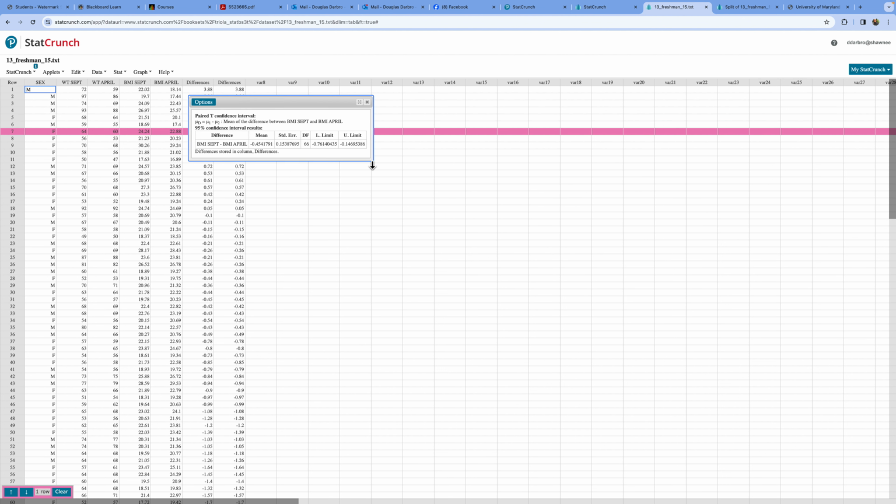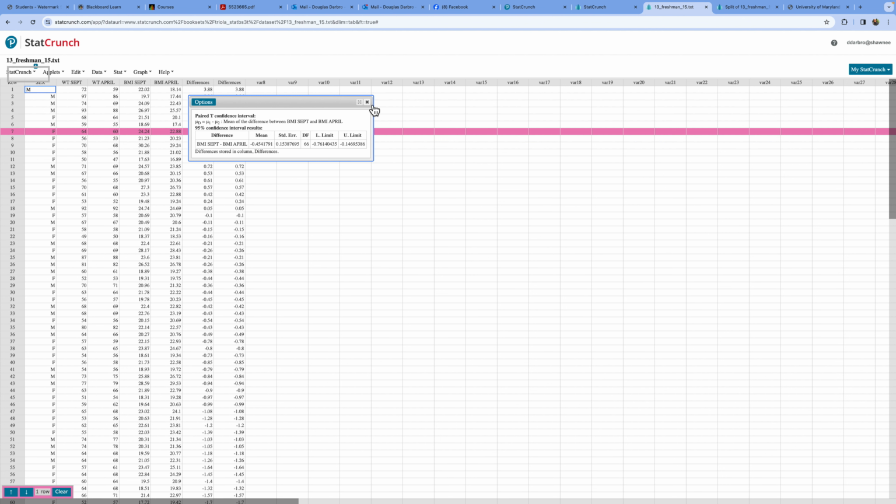And you can see it corresponds exactly like it should. Negative 0.76 to negative 0.15. So we're saying that there's a 0.95 probability that this interval contains the true mean of the differences in the BMIs from September to April.